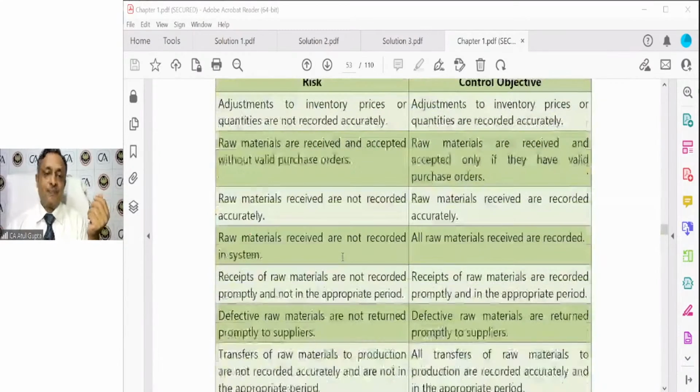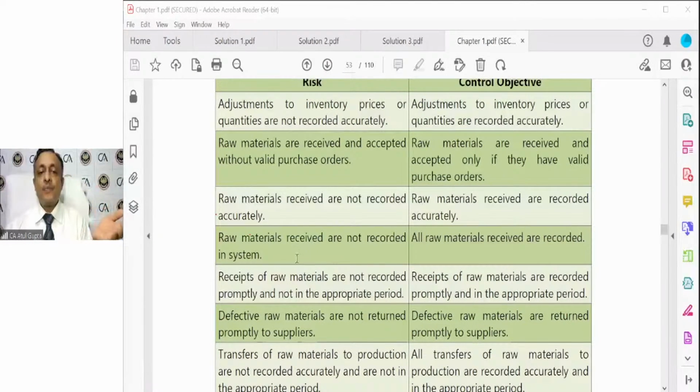Then transactions. So adjustment to inventory prices are not recorded accurately. Raw materials are received except, this is again a disaster. This must not happen in any entity. Then raw material received is not recorded accurately.